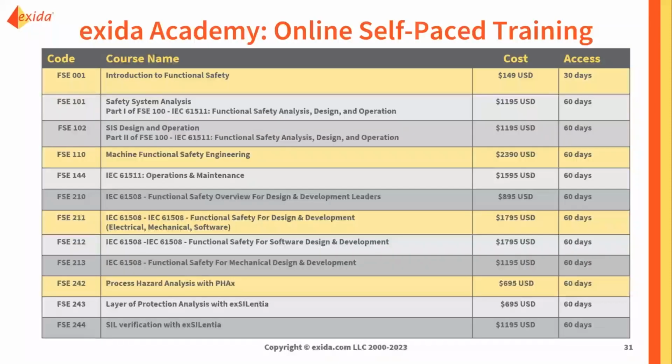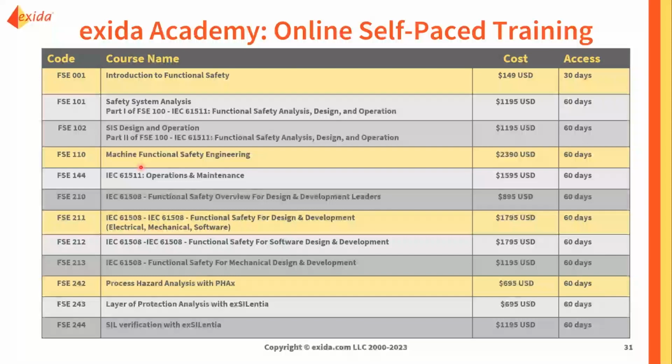And on the training side, we've got a number of online self-paced trainings through Exida Academy. The one I do just want to highlight here is our FSE 110 Machine Functional Safety Engineering course, our 4-day full machine safety lifecycle course that I mentioned when doing the training back with the case study.